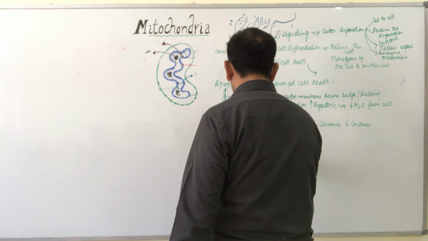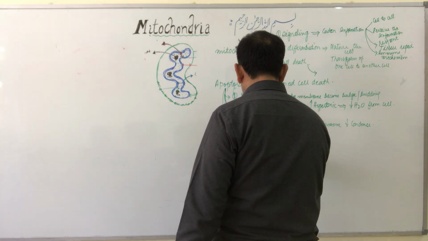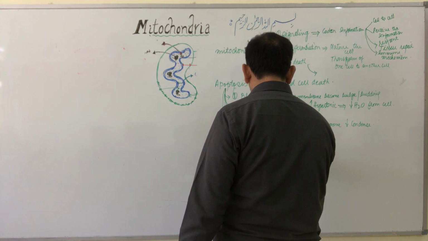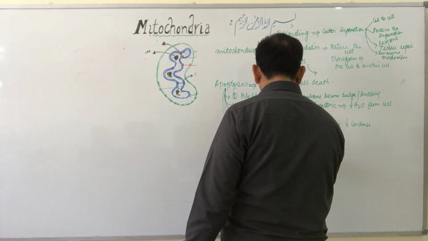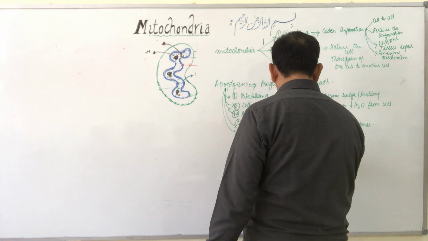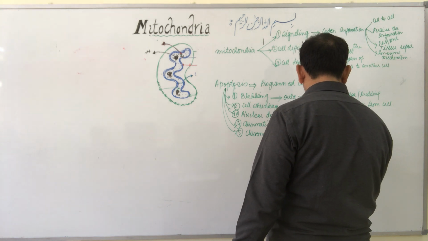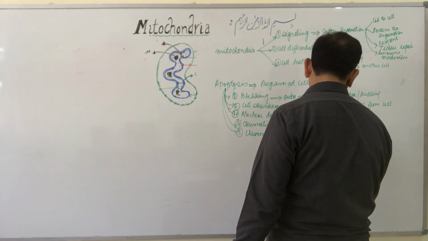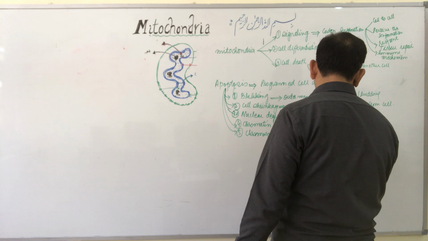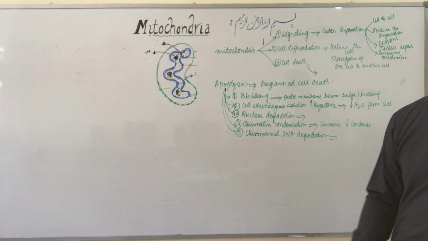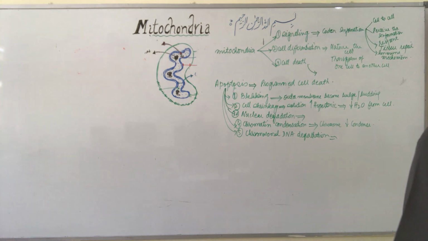Now the fifth one is called chromosomal DNA degradation, in which the chromosomes become degraded.